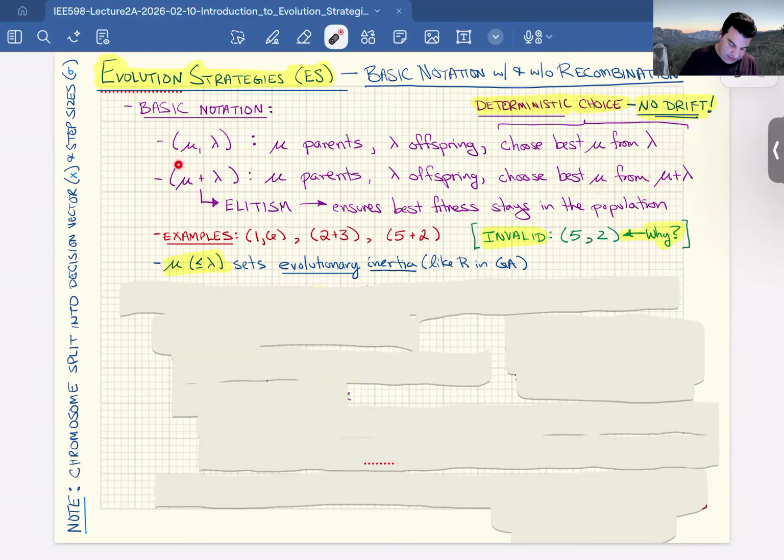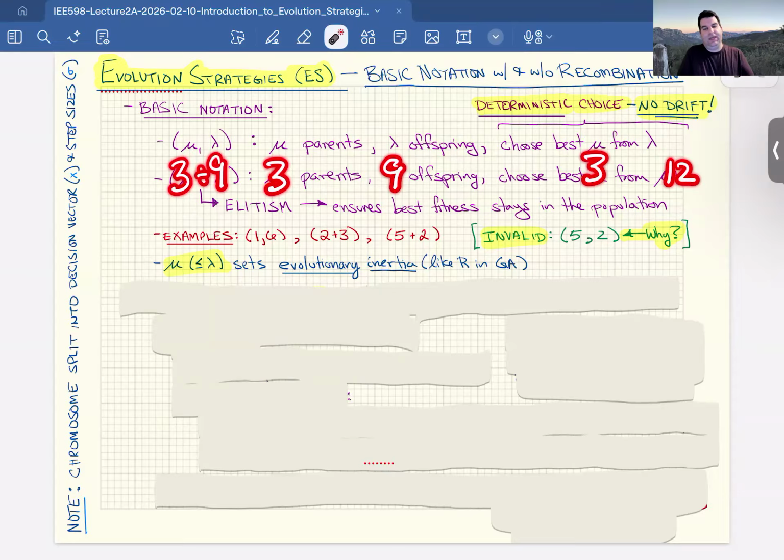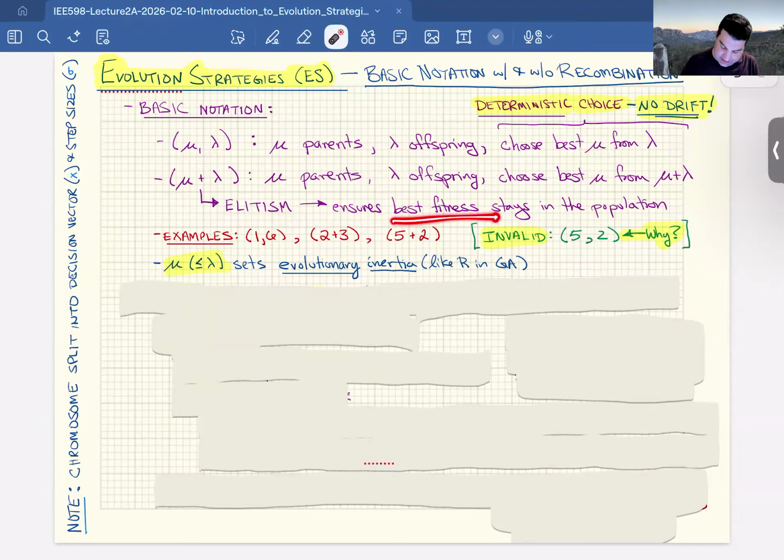So if this was 3 plus 9, then we're going to choose 3 parents and produce 9 offspring. And then we're going to choose the best 3 from the 12 that are produced, where we have the 3 old and the 9 new. And so that's got this elitism. This helps ensure the best fitness stays in the population. So that's a reason that you might do that.